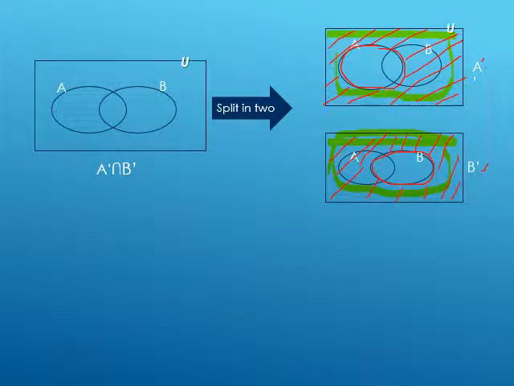So we draw lines outside the set A and B. This is A complement intersection B complement.